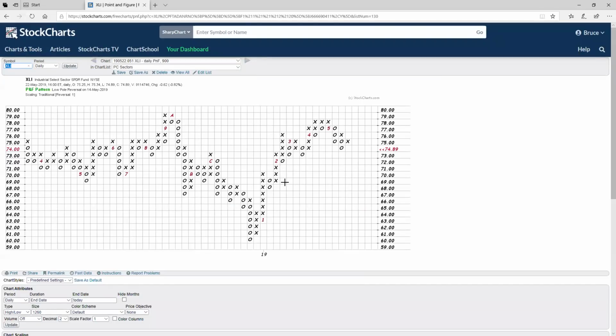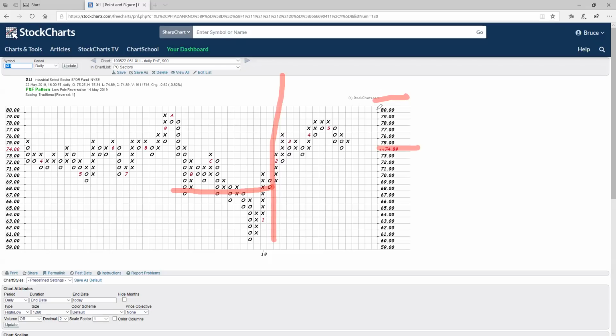And so here with the XLI, there's 14 points of accumulation, and we can see that that's across the 68 line. Let me draw this for you. So here, and this count gives us a potential of upward of 82 and 74, which is kind of a wide area, but it's possible that that count could grow larger.